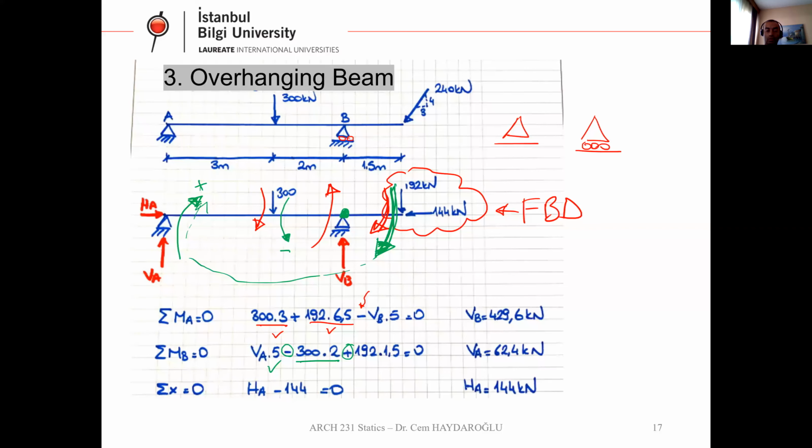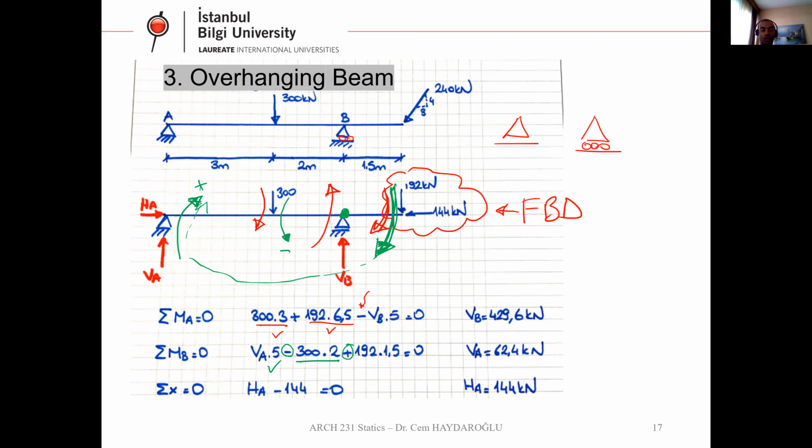If we have a look at the free body diagram, we have one more unknown, which is HA. To calculate that, let's write total X. In the X direction, we have HA and we have 144 kilonewton.